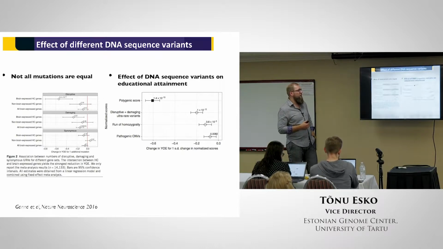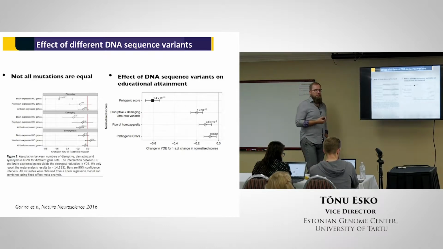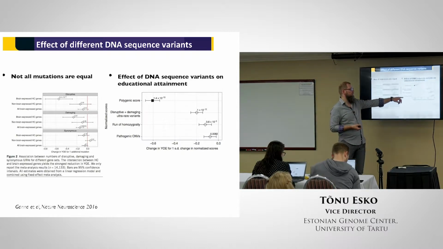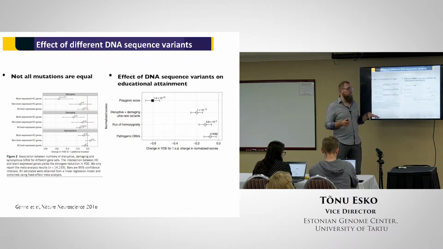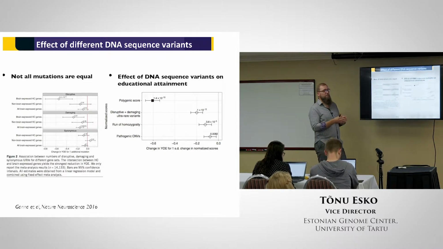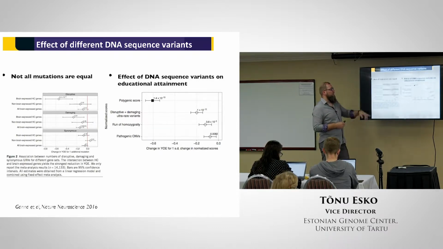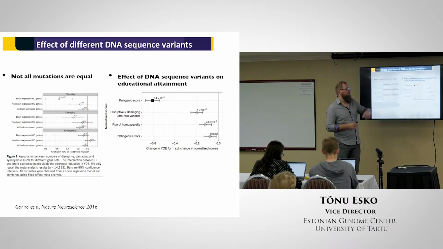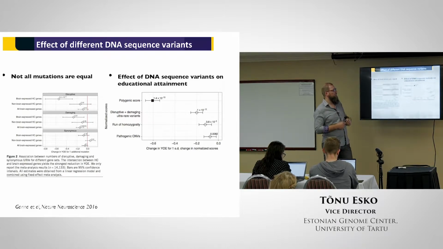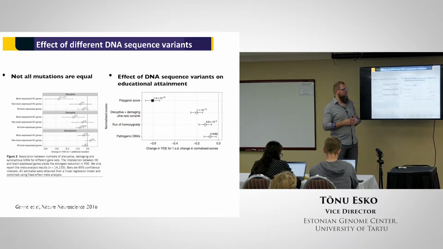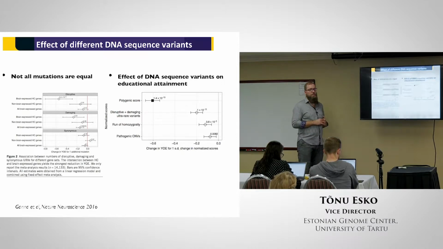And another thing, when we looked at how much of the phenotypic variance gets explained, either looking at, for example, pathogenic CNVs, which we didn't talk about, where you are missing some genes or have some genes in multiple copies, then excessive recessive variation in your genome, disruptive or damaging ultra rare variants, and then the polygenic risk score.